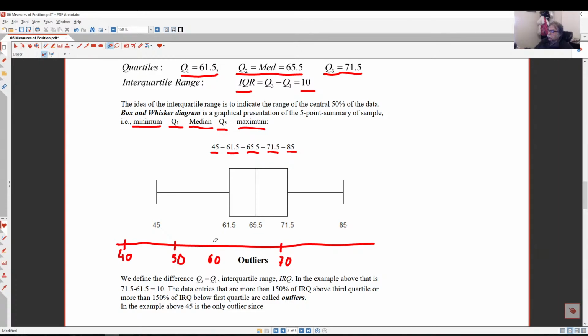We can change this a little bit just to make it look better, but again, you should use a ruler. Then we should have 80, probably somewhere here. And I guess I need 90 as well.